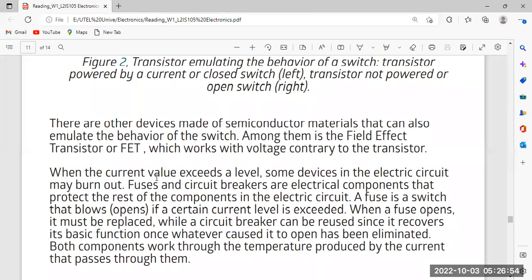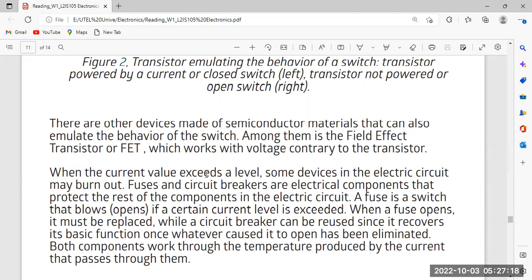When the current value exceeds a level, some devices in the electric circuit may burn out. So we use fuses and circuit breakers. These fuses and circuit breakers are electrical components that protect the rest of the components in the electric circuit.